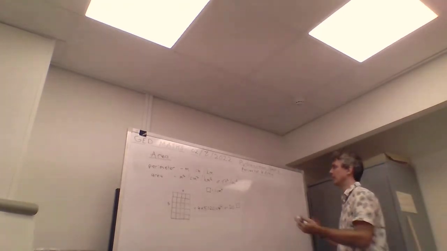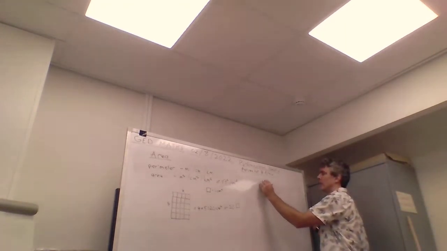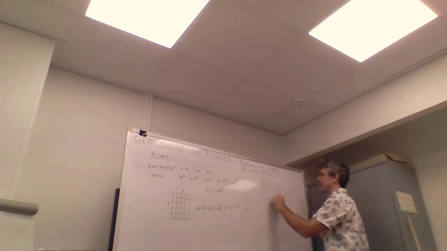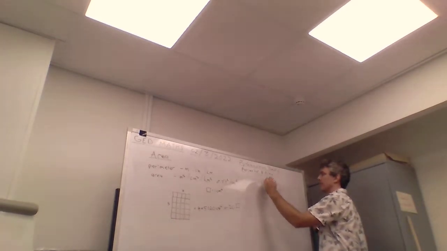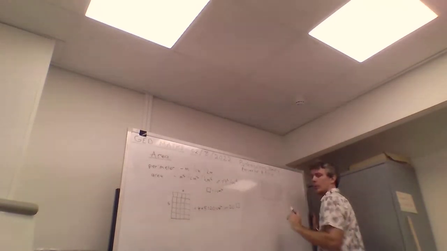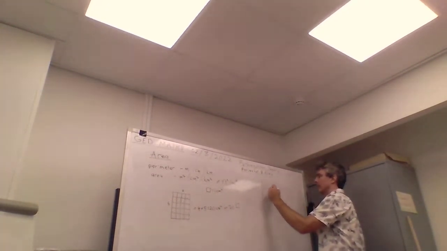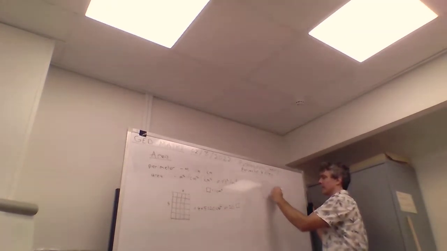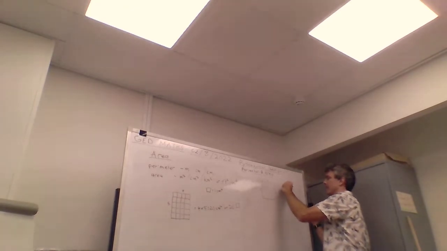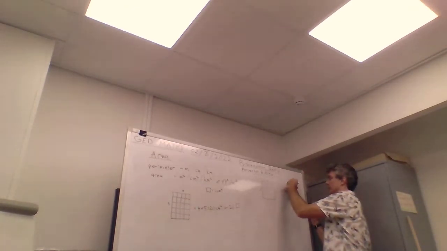All right. So the first one is square or a rectangle. They're the same. Okay. Let's start with the square. This is S, right? S, S, S. Area of a square equals S squared.